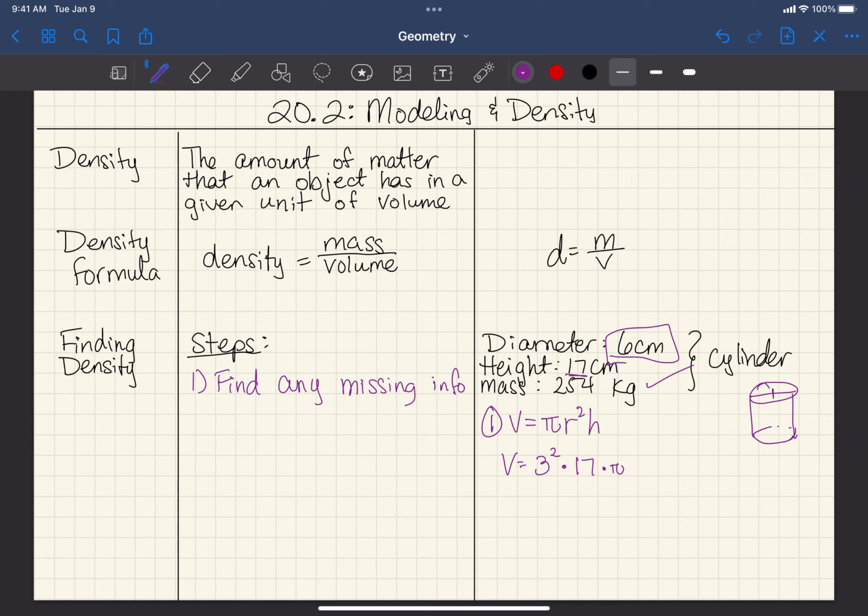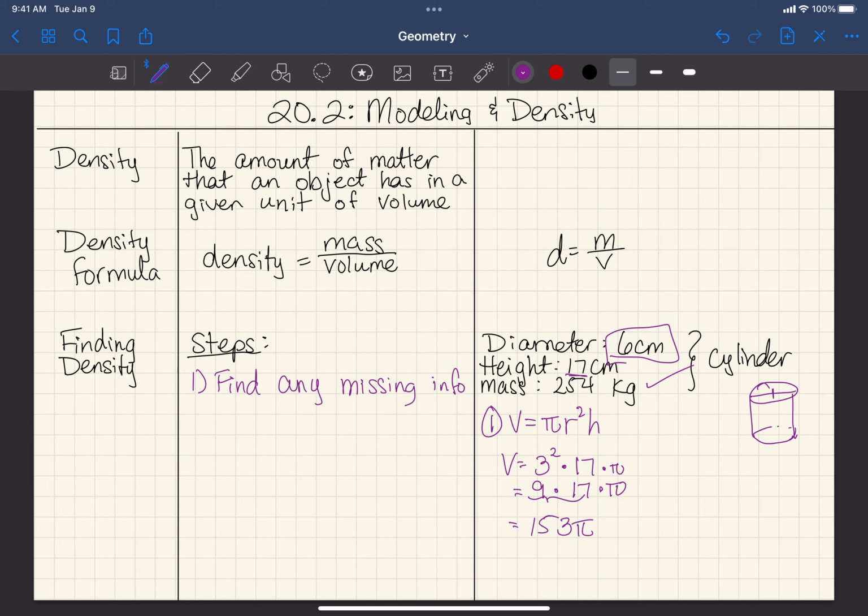Okay, so now 3 squared is going to be 9 times 17, right, times pi. So when I multiply 9 and 17, I get 153 pi. Okay, and I'm going to leave it with the pi at the end.